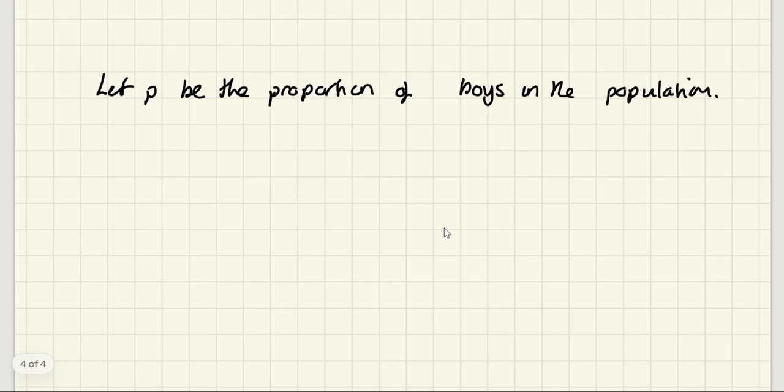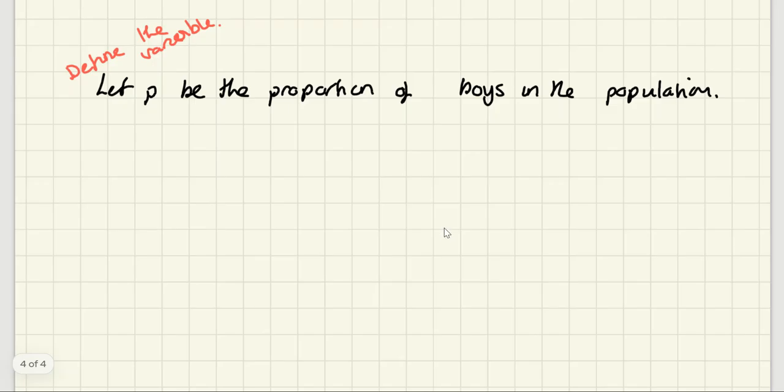What I've done there, which is important, is define the variable. So now I can use this P. I can write P equals, P is greater, that kind of thing. So you have to define what your P is, and if you don't, you can lose marks.